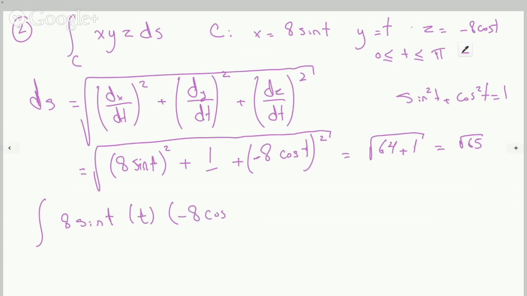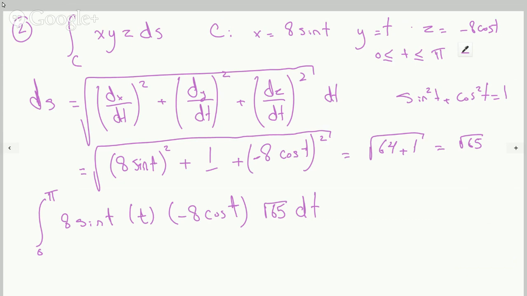So I'm plugging x, y, z into the integral, and then ds is just square root of 65, and of course there's a dt after, because it's a ds. So it'll be all those multiplied by dt, and we are integrating from 0 to pi.